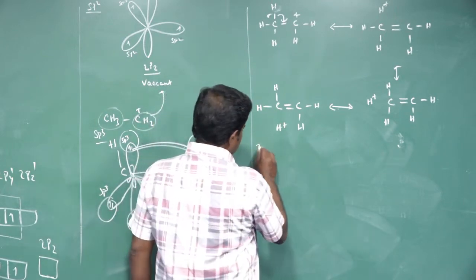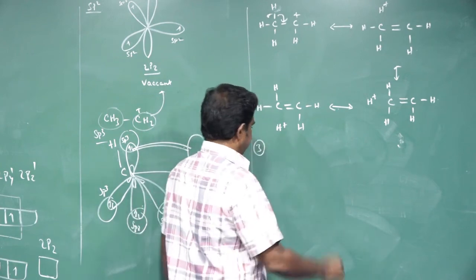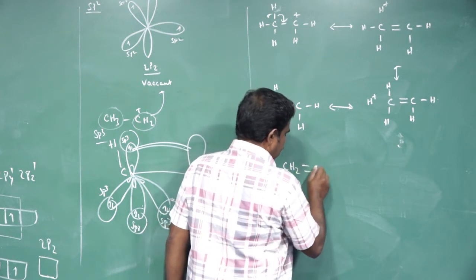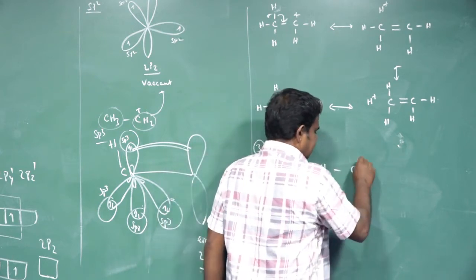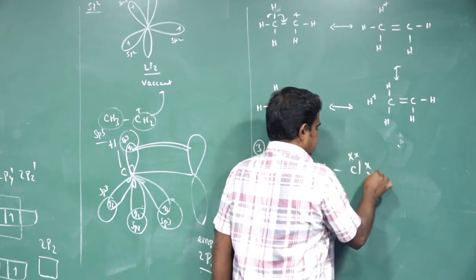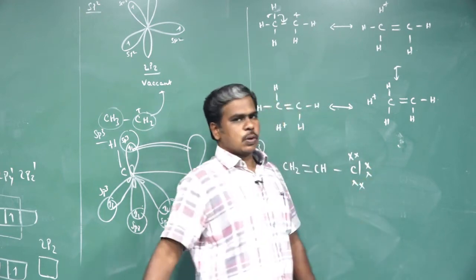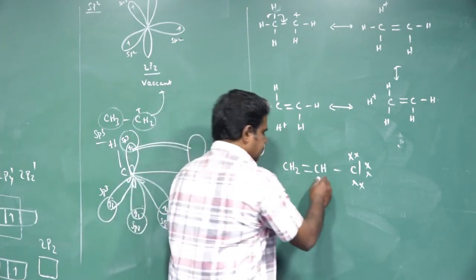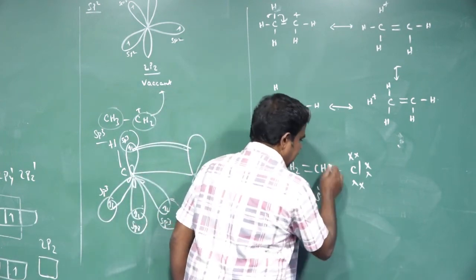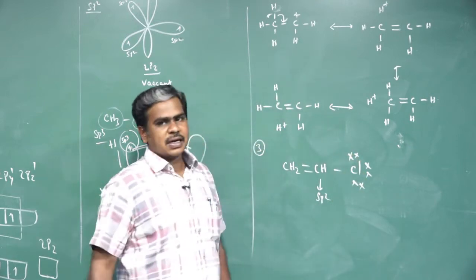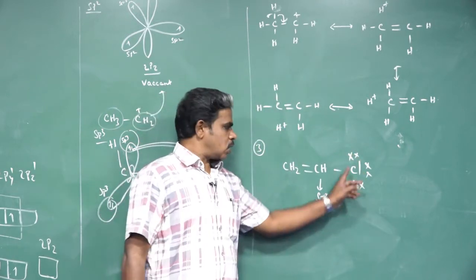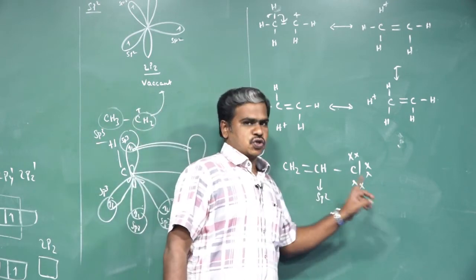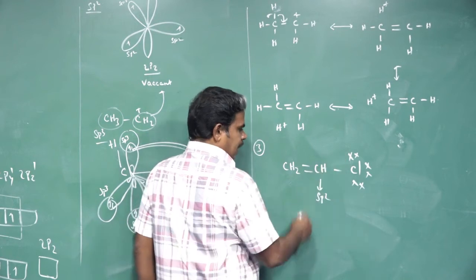And we are taking the third example, that is CH2 double bond CH attached with chlorine, which is a highly electronegative atom and which contains lone pair. So the sp2 hybridized carbon is attached with an atom or group which contains lone pair. This also undergoes hyperconjugation. Now what will happen here?